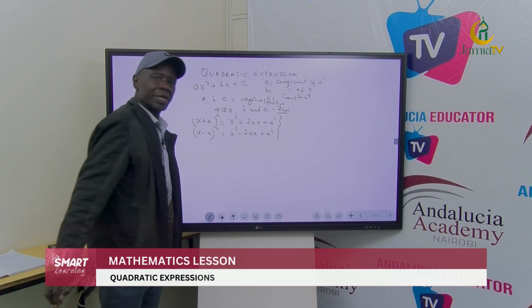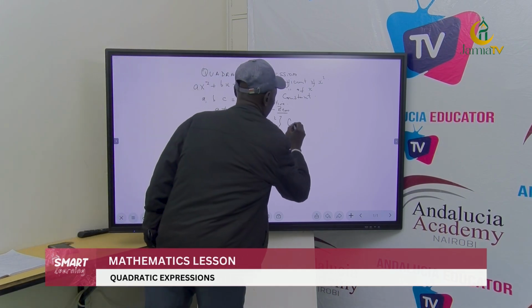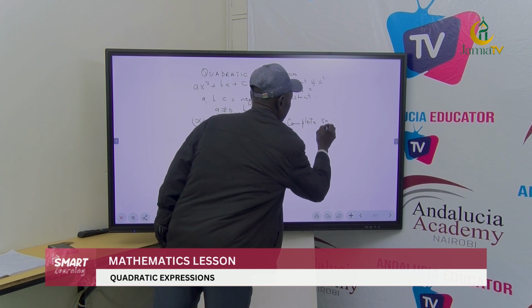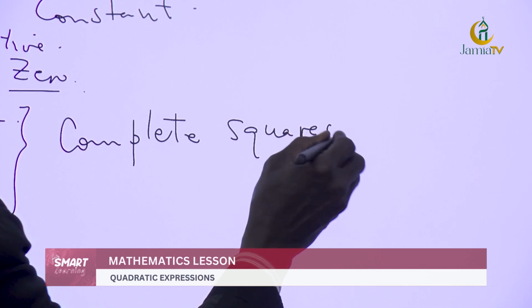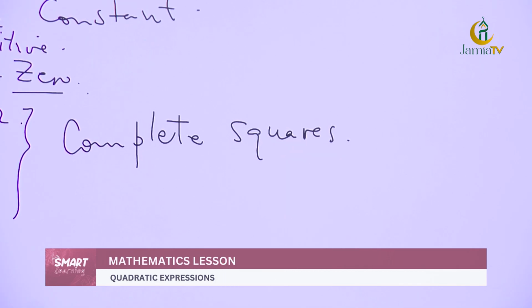We said these two quadratic identities are complete squares. We'll require this when we come to our next episode, when we are going to look at completing squares.